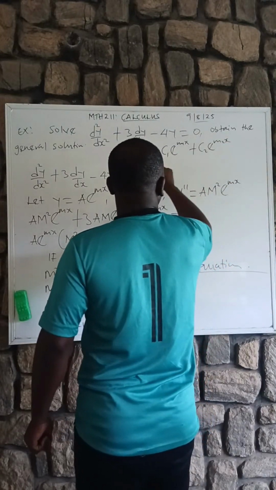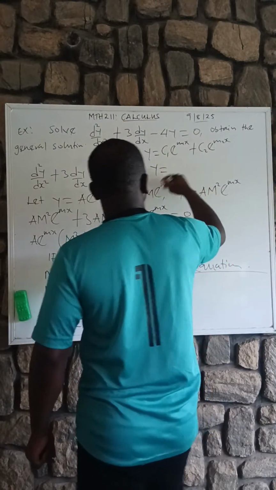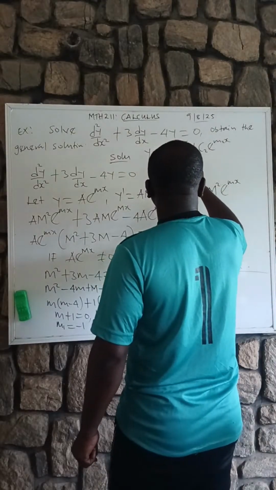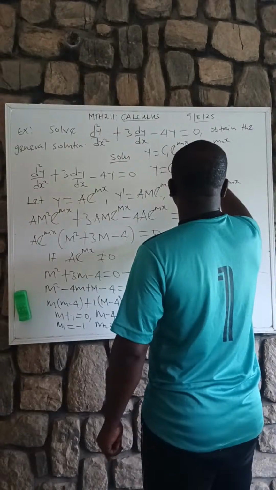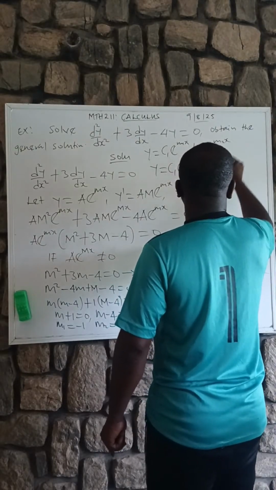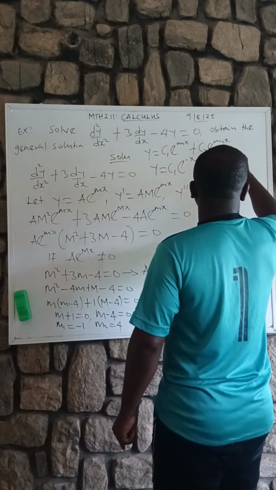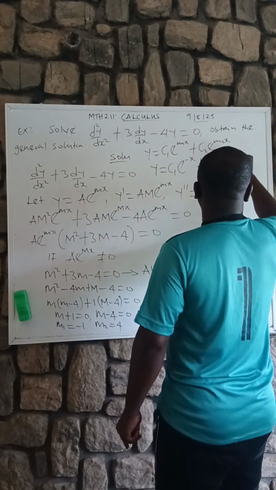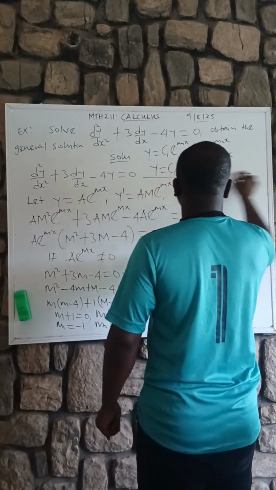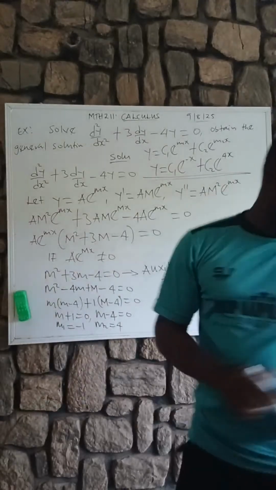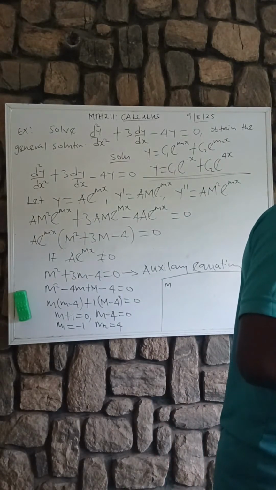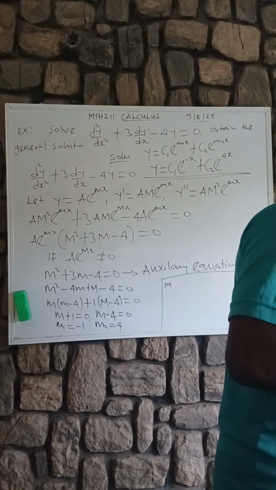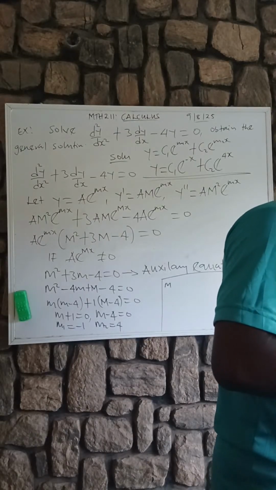So our general solution will now be c1 exponential minus x plus c2 exponential 4x. So this is the general solution.